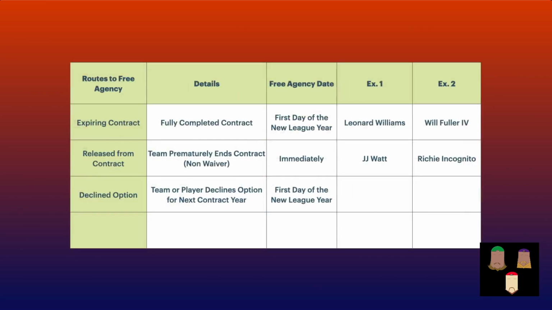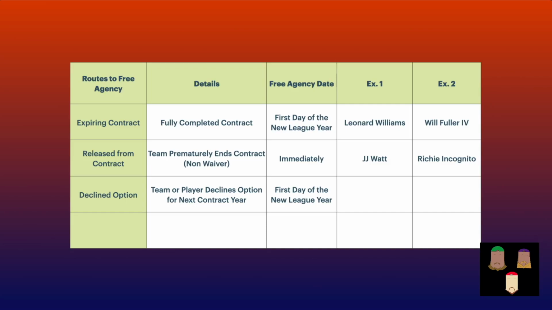The third way is when a team or player option is declined. If it is a team option, it is very similar to being released, and honestly, there is almost no difference aside from terminology. An option is included in the contract, and if a team declines to exercise that option, the player becomes a free agent at the start of the new league year.